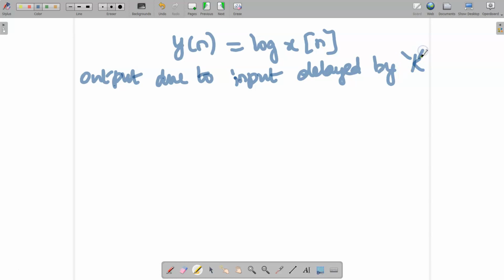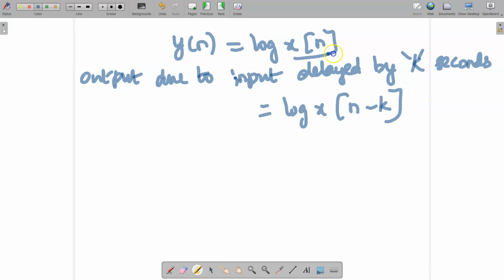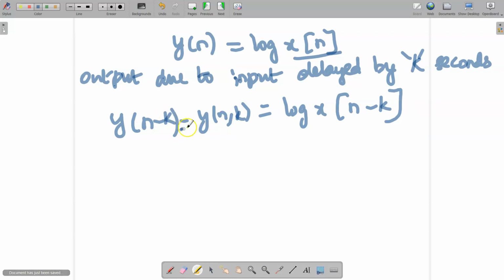Wherever you have input, you have to delay it by k seconds. I have x of n here; x of n will be delayed by k seconds, so x of n minus k. I can denote the output as y of n comma k, or y of n minus k. This is my first equation.